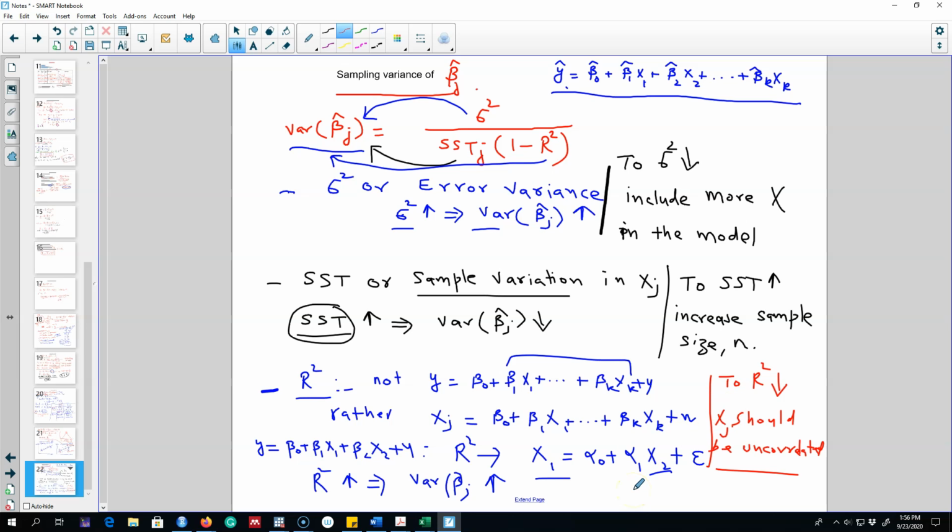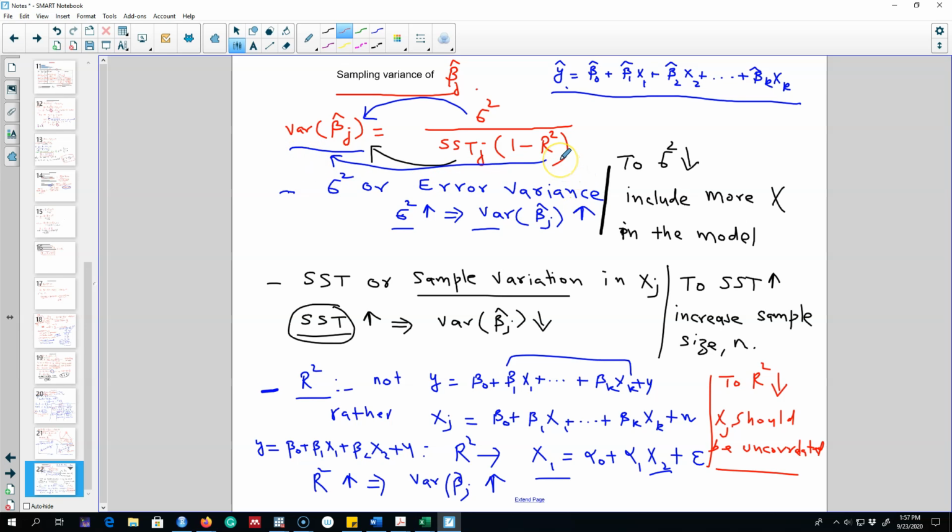So this is how we calculate the variance of any beta parameter by using three concepts. The first is the error variance, that is how far away our predicted values are from our actual values, and we want to decrease error variance to decrease variance of beta j. We want to increase our sample variation in xj by increasing our sample size so that we can decrease our variance.